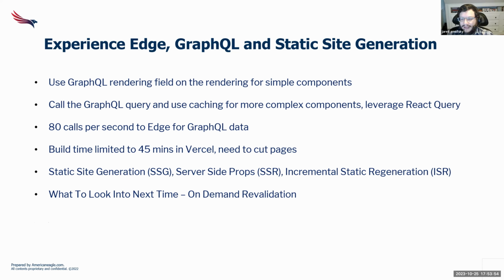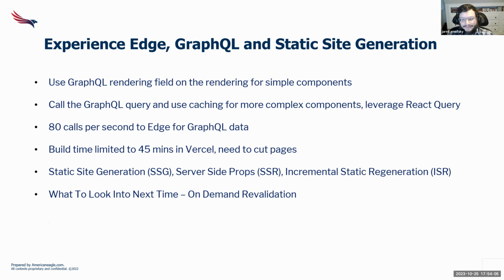That's great, and that worked out well, except for the fact that Vercel has a 45-minute hard stop. So we use the sitemap service to crawl all the pages and generate the static props. But at 300 sites, it was taking quite a bit of time, and it would time out and never finish.